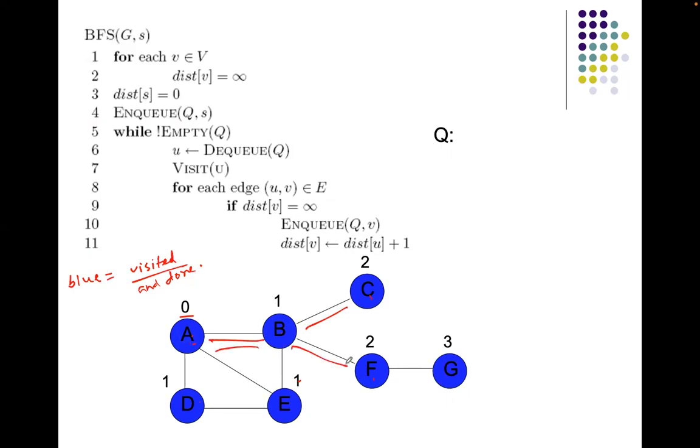You might want to visit F by following the path A, D, E, B, and F, but this is not the shortest path. So this value gives us the shortest path distance from the source node. Again, G has shortest path distance 3 from A: AB, BF, and FG.